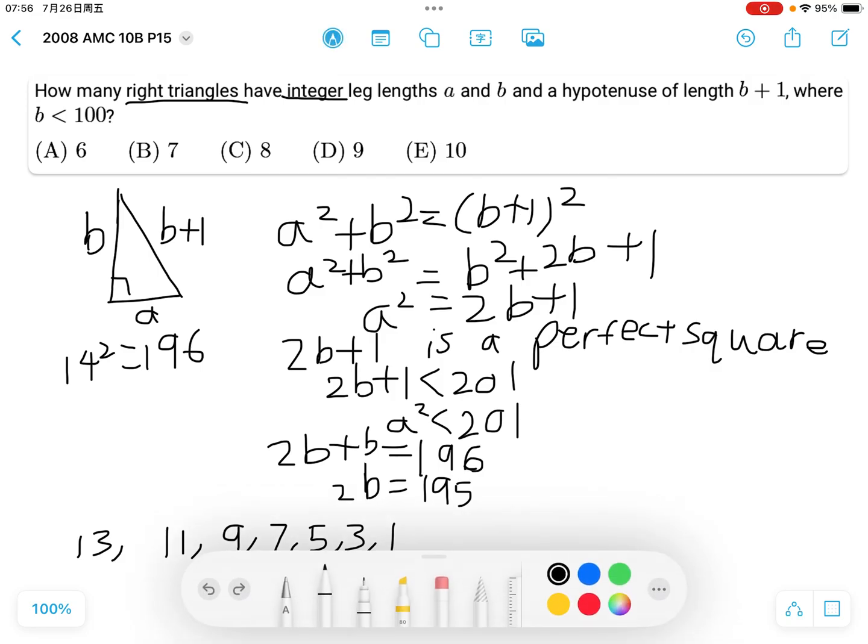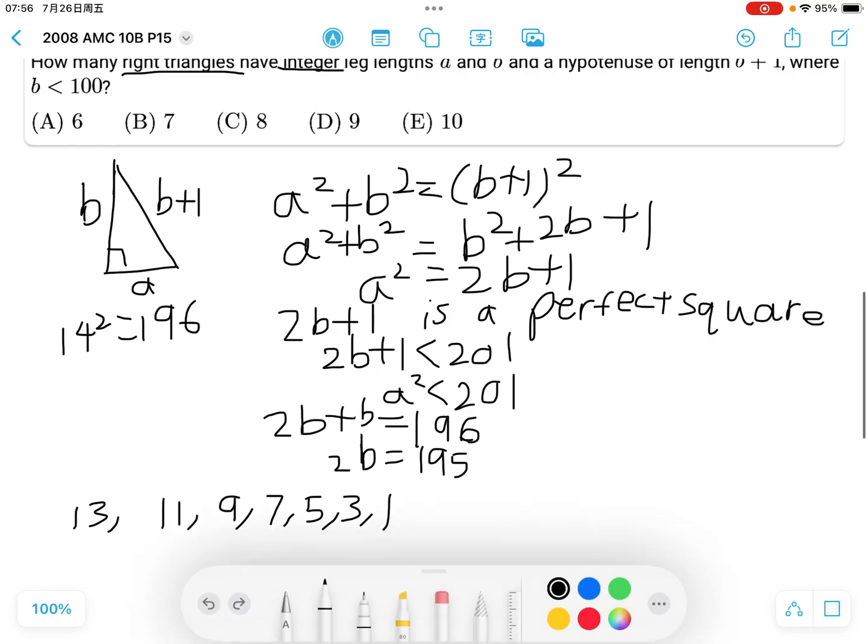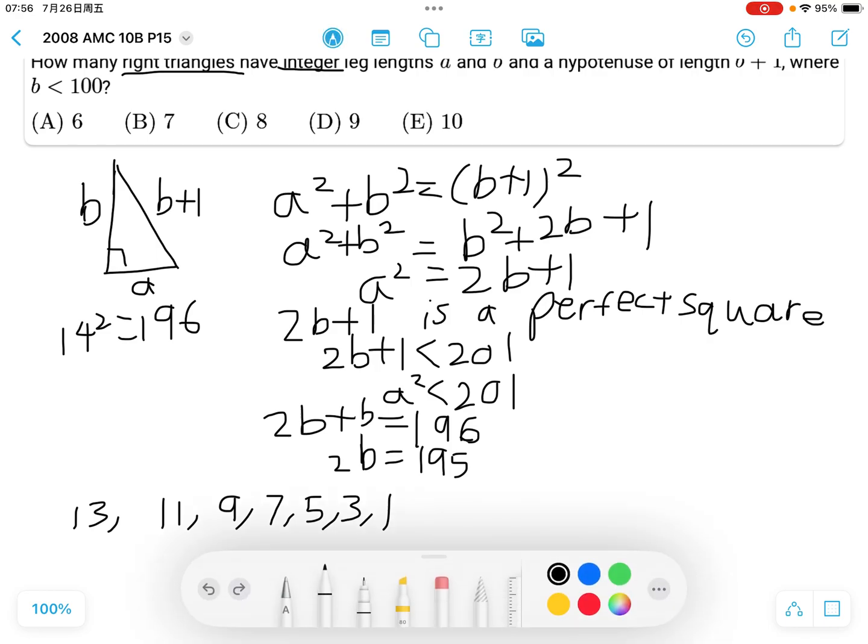The reason here is that when a is 1, just pay attention when you see really small values like 1 and 0 and 2. When a is 1, we have 2b plus 1 is 1 squared, which is just 1, right? So 2b is going to be 0, so b is 0. This indeed is an integer solution.